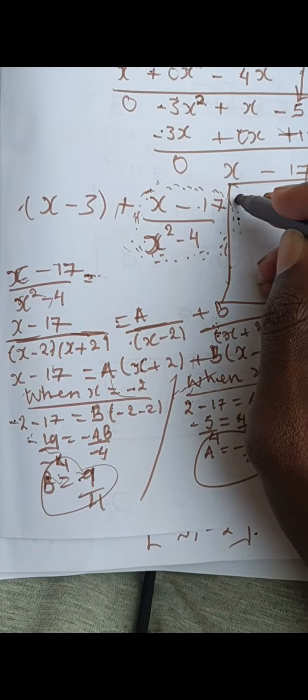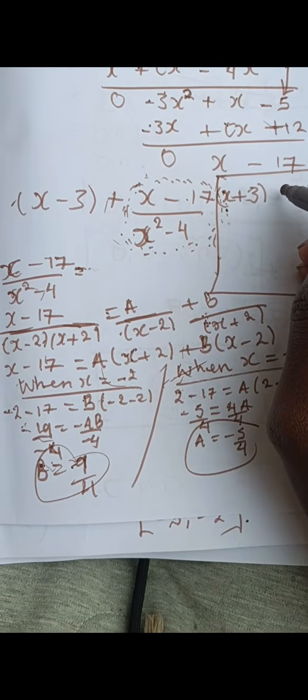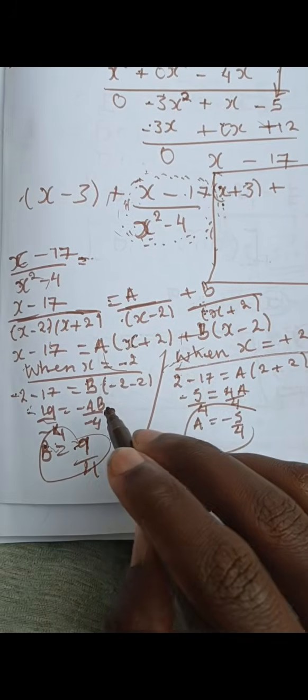So we're going to begin by saying x plus 3 plus... Instead of writing this, you're going to substitute with the partial fraction, which is this.